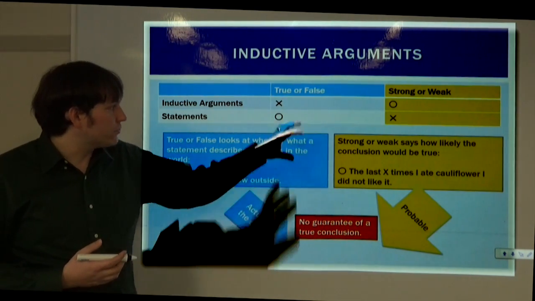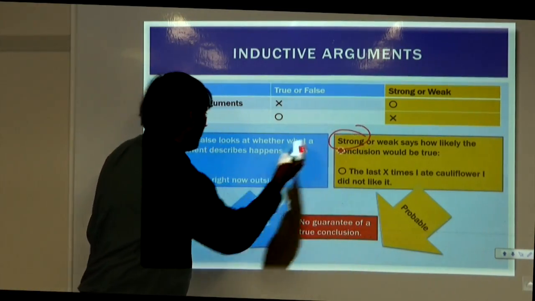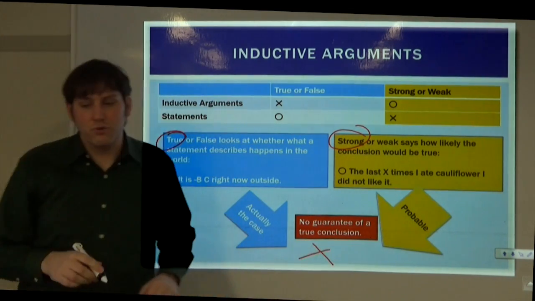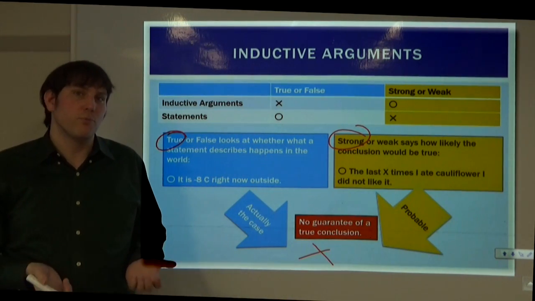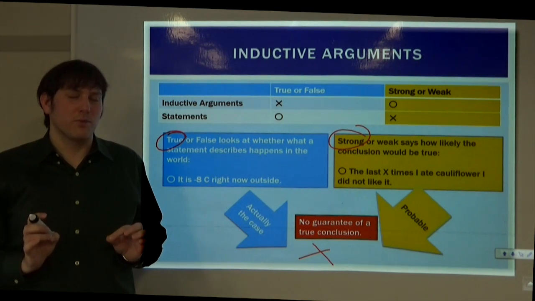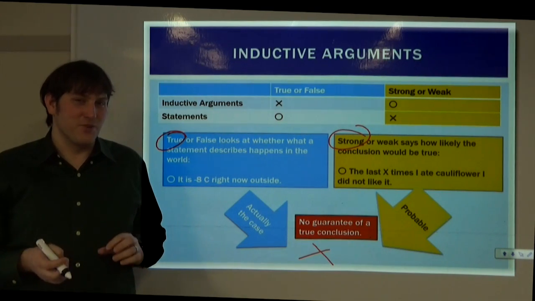So I can have all true premises and a strong form, and it still is not going to guarantee me a true conclusion. Now, it probably would be true. But notice the use of the word probably. This is because I cannot guarantee the truth of it.